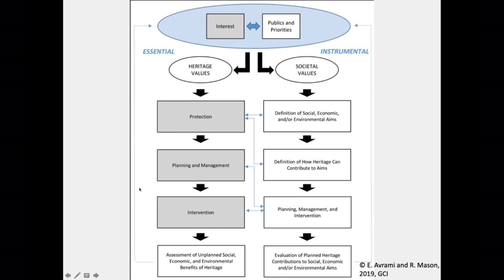And in the diagram that they show in their article, they talk about the first one. When you look at the heritage values, the more traditional way of looking at value in the process of heritage management, you identify value based on those, you plan mitigation or intervention activities and implement them.